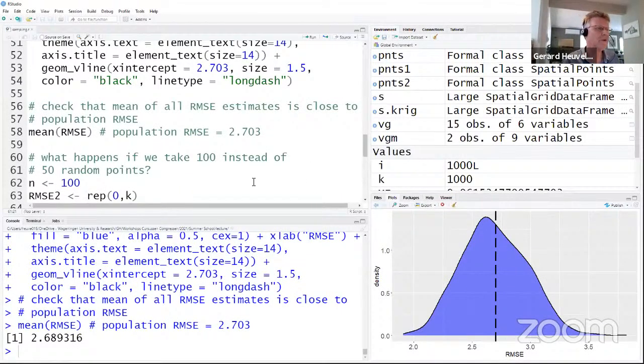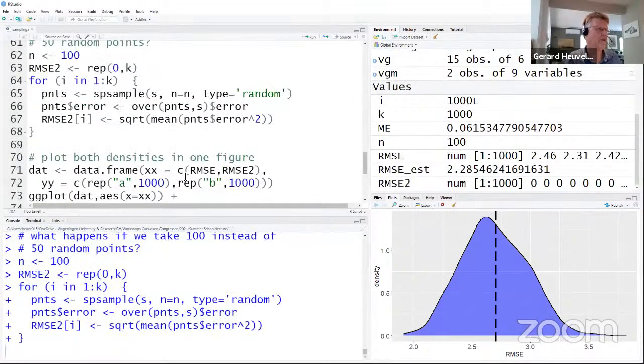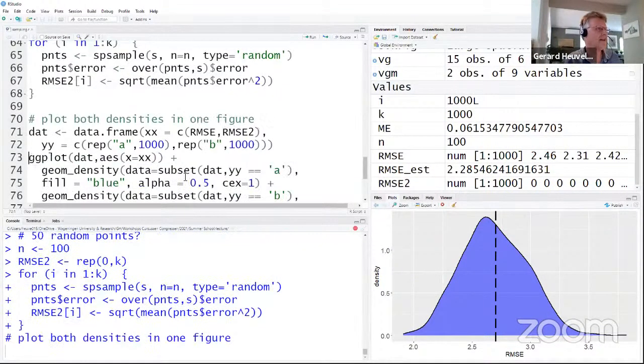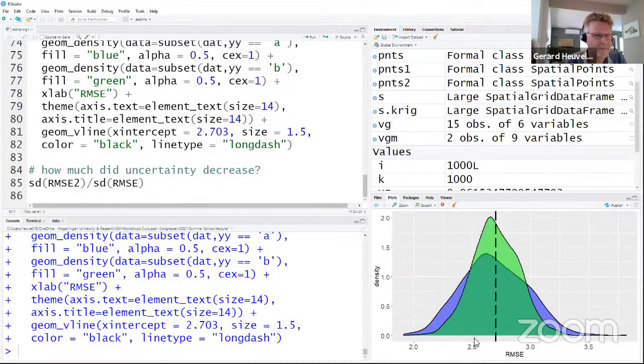So let's simply do it. Okay. So now I take each time a sample of 1,000, and I do the 100 points, and I do that also 1,000. And let's plot both distributions in one graph. So the blue one is the one we had with 50, and the green one is the one we have when we use a sample size of 100. And actually, you do see that it gets narrower. Our estimates become more accurate.